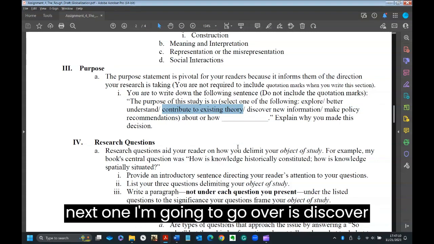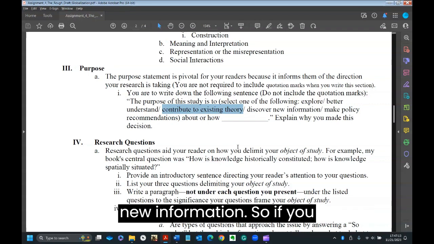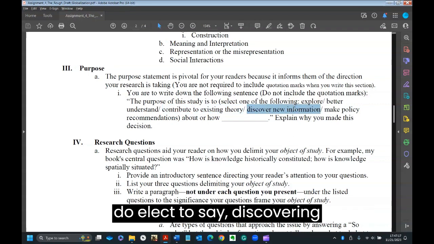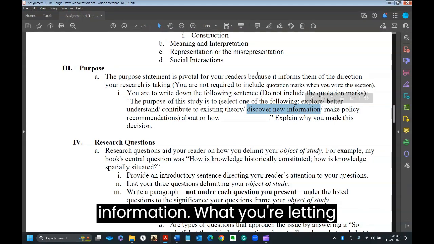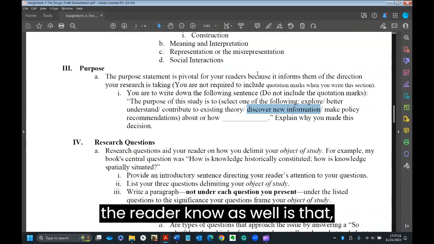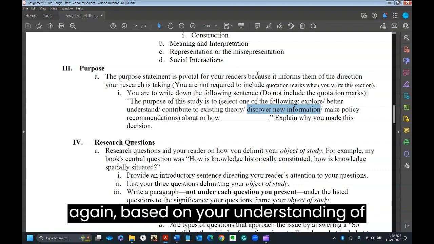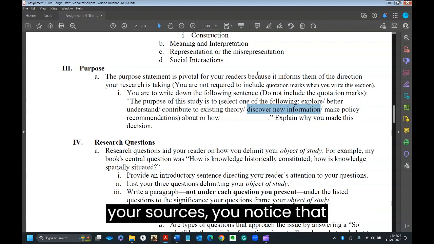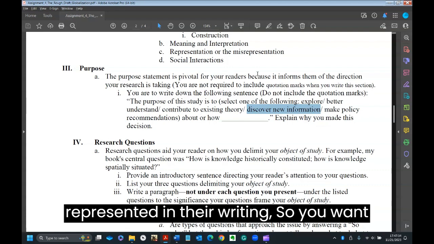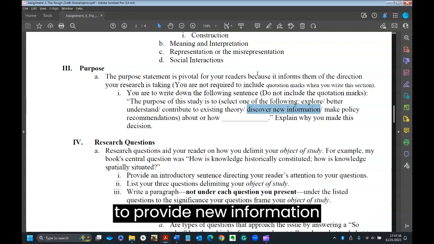And then the next one I'm going to go over is discover new information. So if you do elect to say discover new information, what you're letting the reader know as well is that, again, based on your understanding of your sources, you notice that something you're considering is not necessarily represented in their writing. So you want to provide new information about that topic.